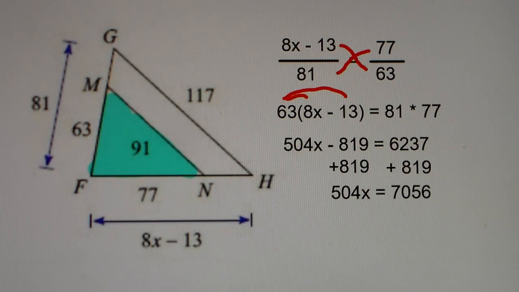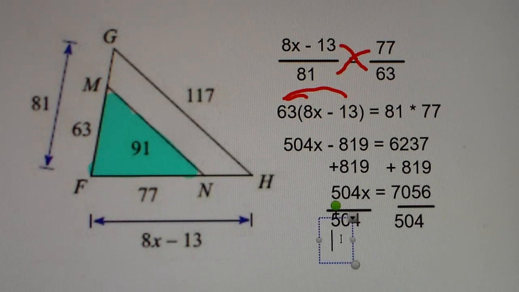Then we got to divide by 504 to both sides. And we're going to get x equals 14. And that's how you solve for x in this particular problem. Alrighty, so let's move on to the next one.